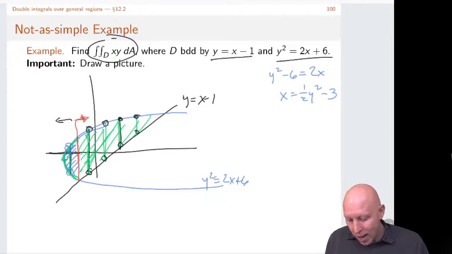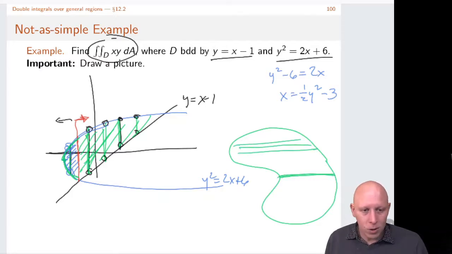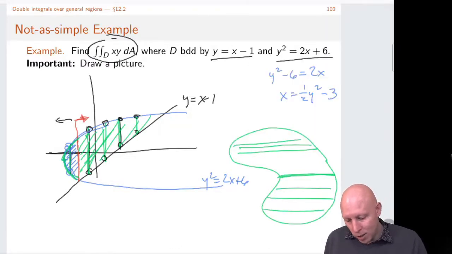And on the right half, we could do a different integral. We could add up those regions. If you have some really complex region, you may have to break it up into two pieces, where you do one integral over this region and one integral over this region.